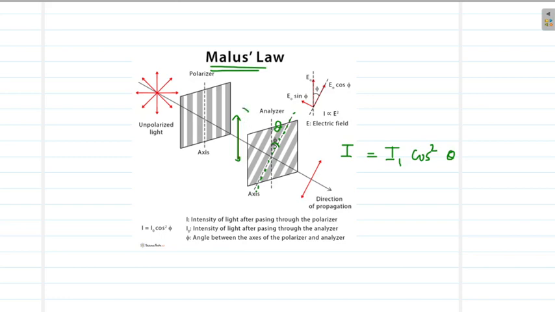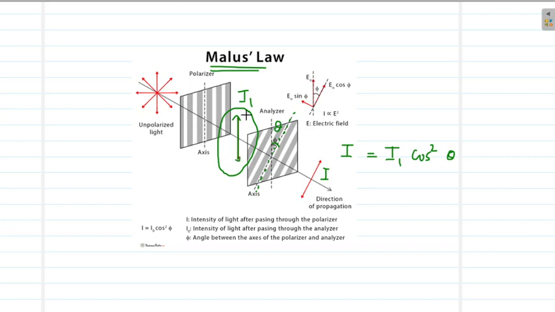Here I1 is the intensity of the incident plane polarized light, and I is the intensity of the output ray. Theta is the angle between the transmission axis and the plane of polarization of the incident ray.